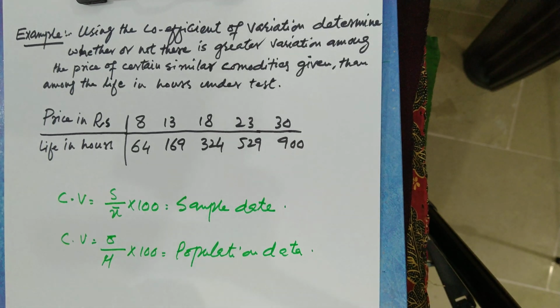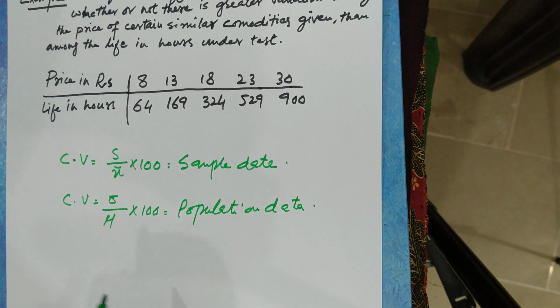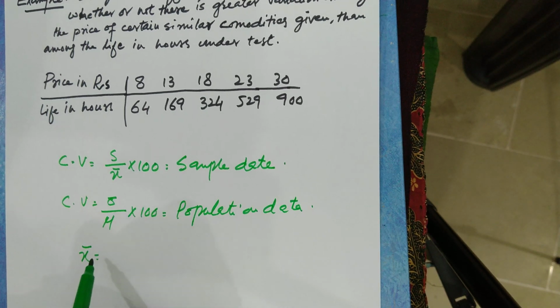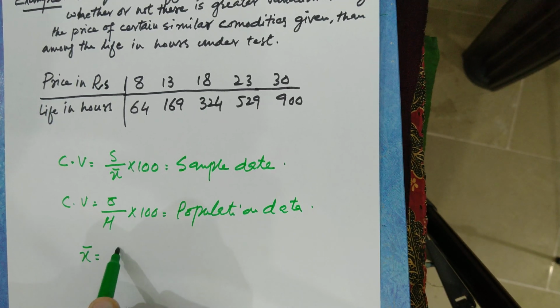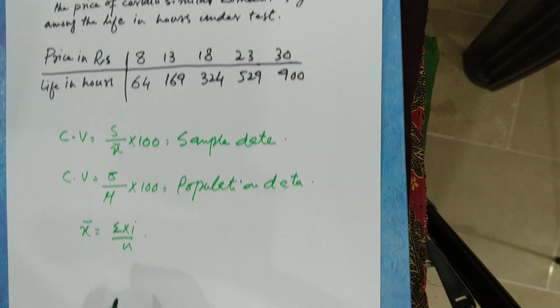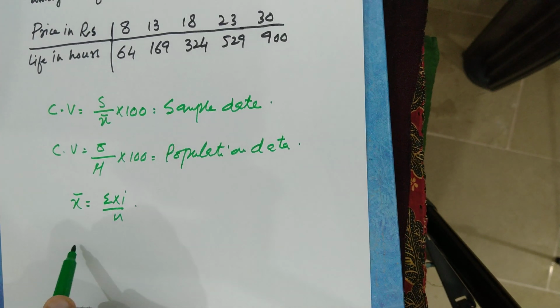For calculation of the mean, as in my initial videos, x bar is summation of xi divided by n. And how to calculate the standard deviation?